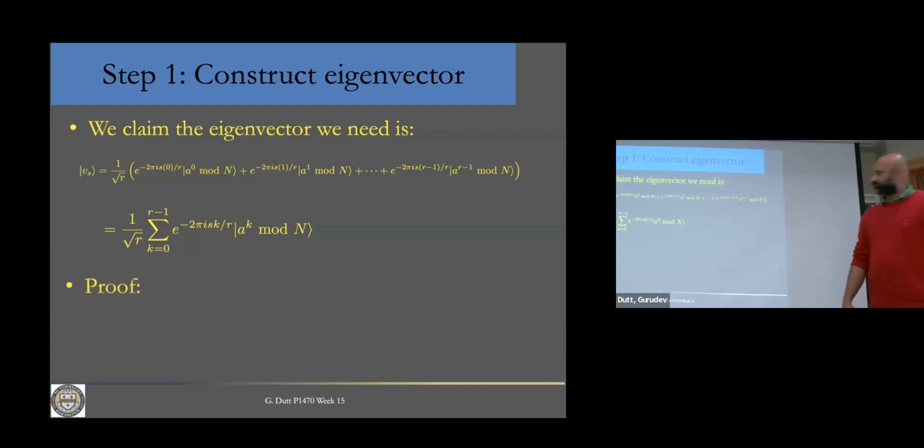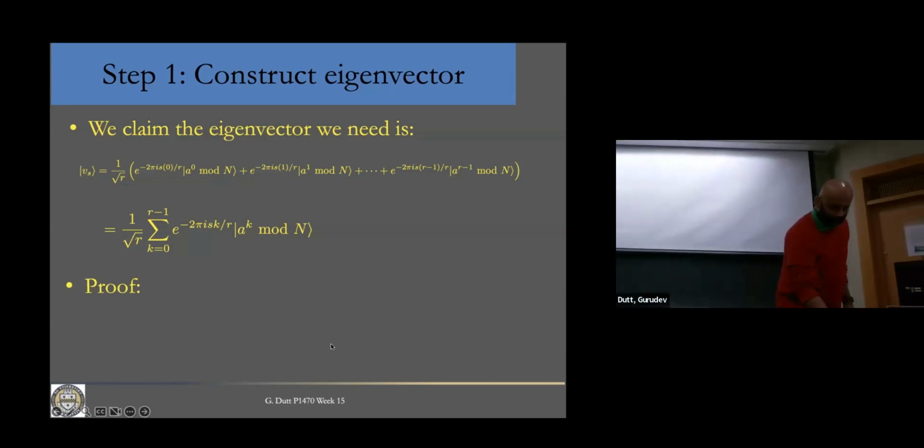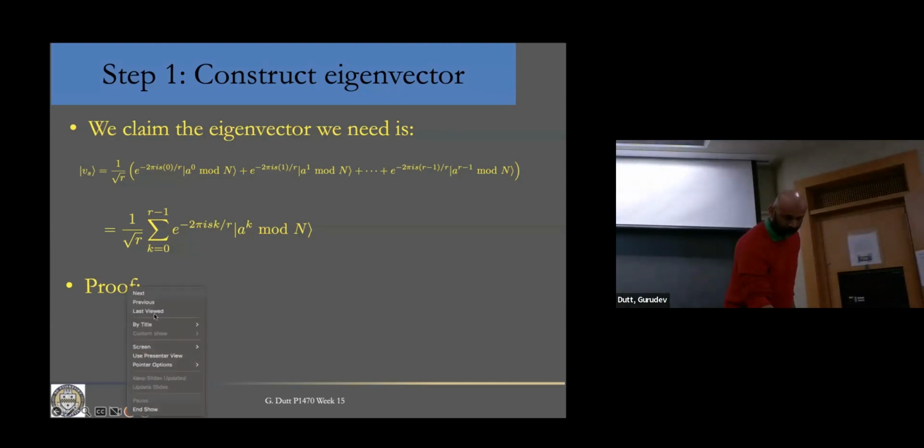Okay, so first let's prove that this is indeed an eigenvector. The eigenvector I've written down is the summation over k equal to 0 up to r minus 1.